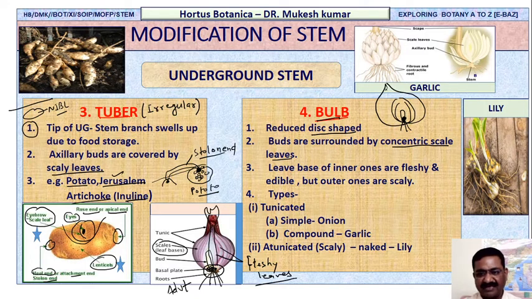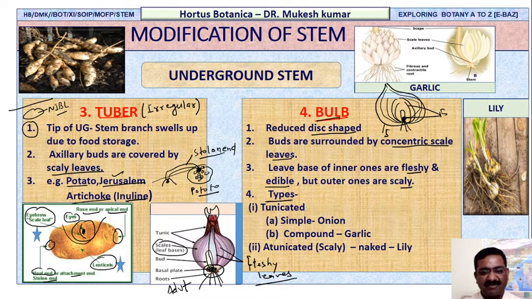So the scaly leaf is protecting the inner fleshy leaves concentrically. The leaf bases of the inner ones are fleshy and edible, but the outer ones are scaly and dry.